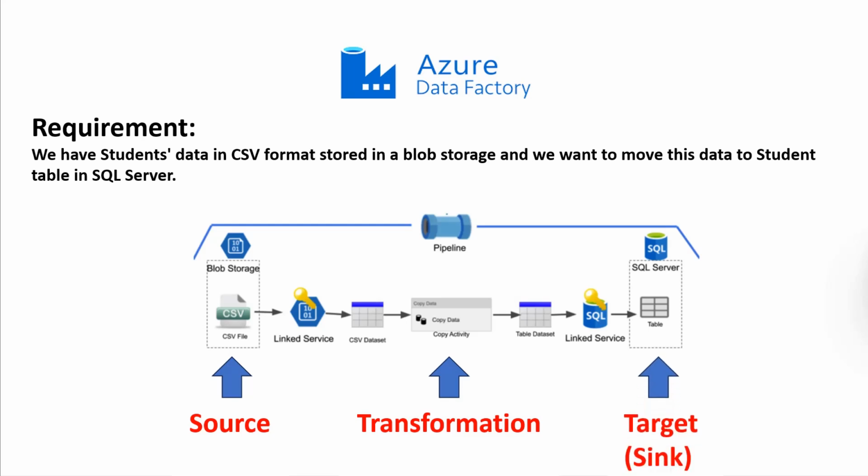And at the end, we load data or store data into our target system, which is a SQL table. So in ADF terminology, the target or destination system is called sink as well. So this is something that you need to be familiar with. So if you see that in the ADF Studio, you know what that means.